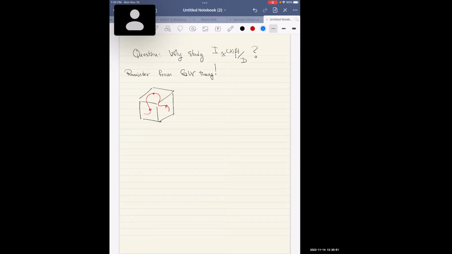And the marked points are connected to some other cycles. We did this before, so we don't care. This is the space that you're interested in, and this is the curve Z, and the class of the curve is equal to beta inside the homology of X.